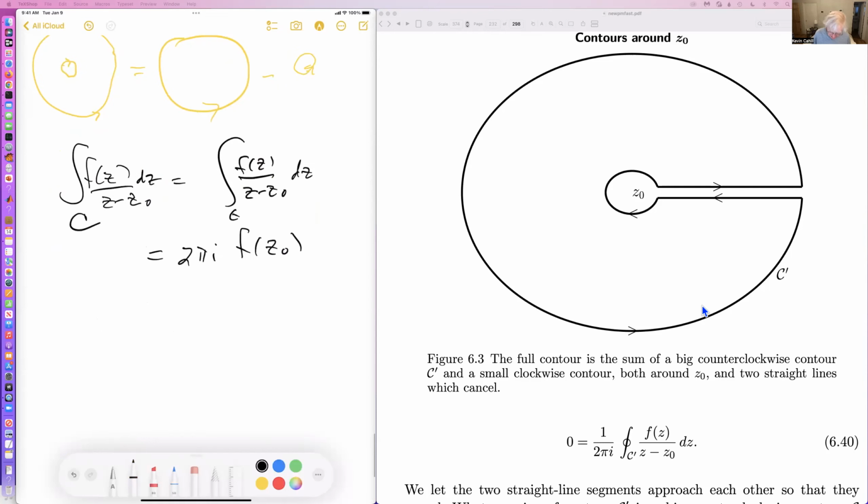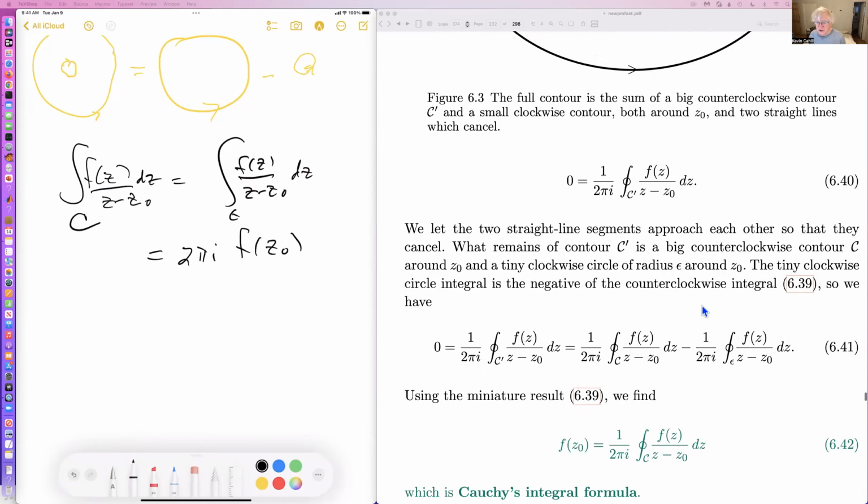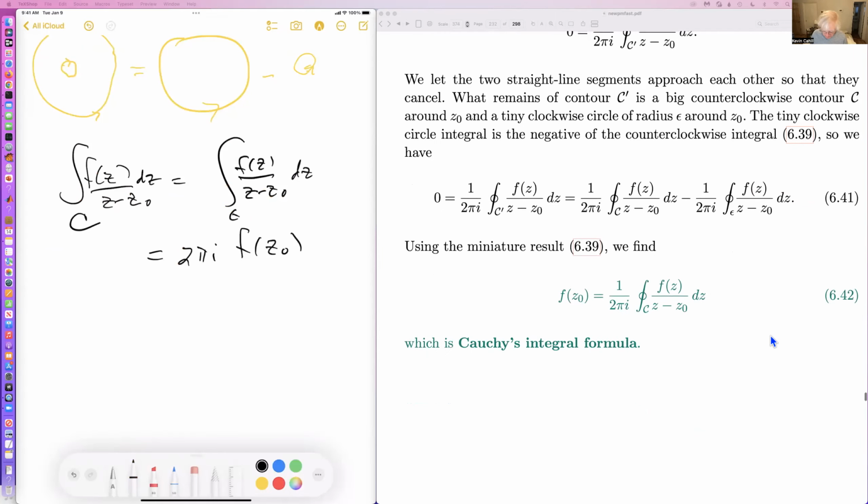So that's the upshot. And so we get Cauchy's integral formula.